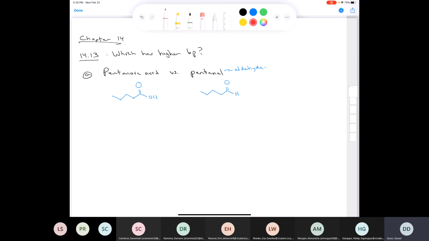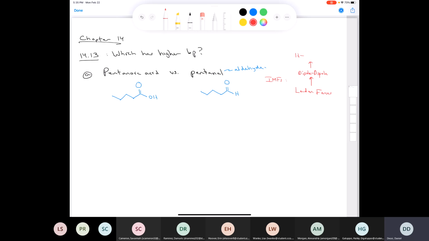If I look at the type of intermolecular forces that each of these molecules possess, and I look at the strongest intermolecular forces, you should know that intermolecular forces, IMFs, start with the weakest, which are London forces. All molecules possess London forces. Then we can have dipole forces, and that's for molecules that have permanent dipoles.